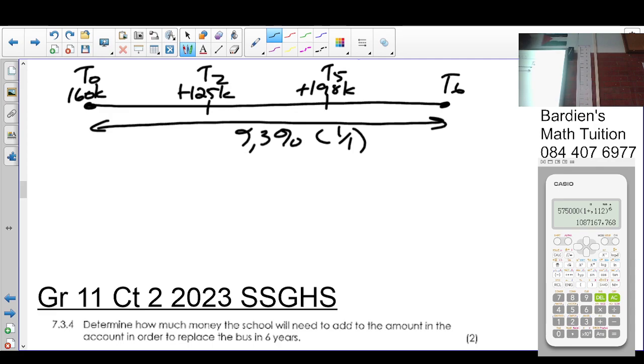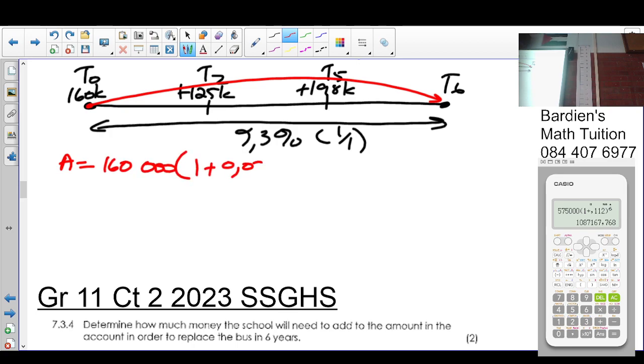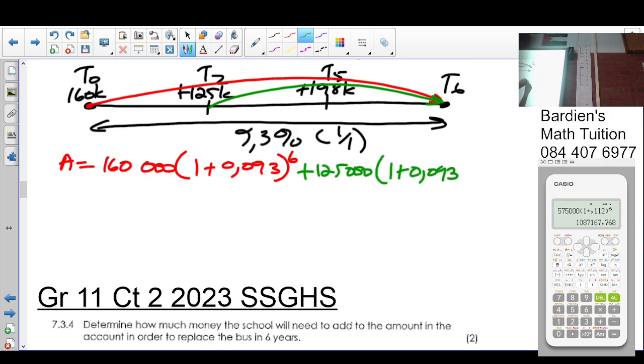So, I'm going to consider the 160,000 rand straight to the end. So there's no interest change there. So it's 160,000 into 1 plus 0.093. And how many years is that for? 6 years. Plus, now I'm considering 125,000 to the end. 125,000 into 1 plus 0.093 to the exponent 4 years.